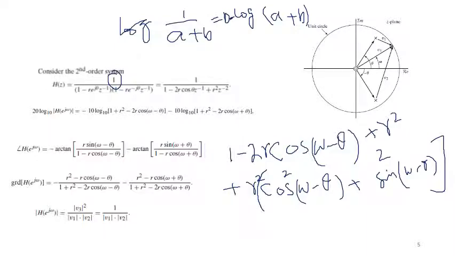This is the denominator, that's why we get a negative sign here, and because we are expressing it in dB, we multiply by 10, so it will be 10 log of this. I hope you understand why we get the negative sign.